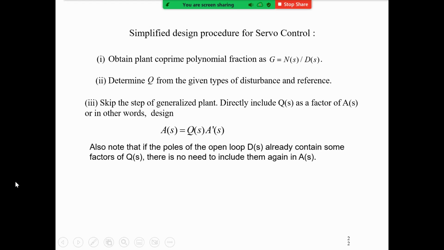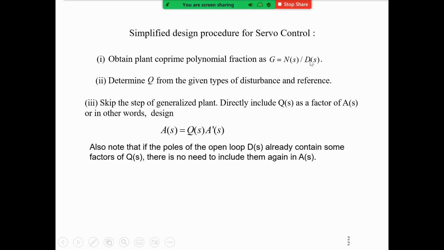Okay, then there are some other tricks. If the poles of the open loop D already contain some unstable factors of Q, you don't need to include them again.